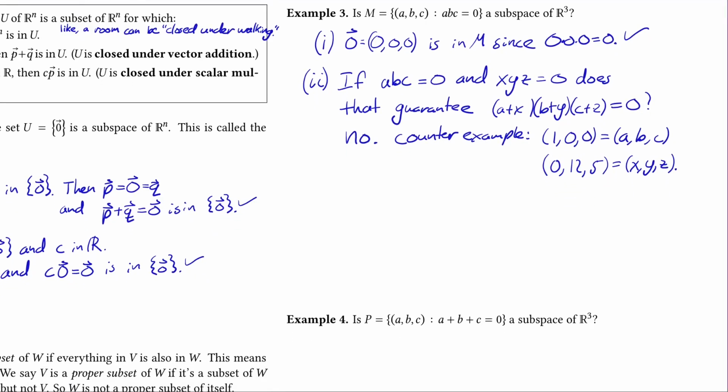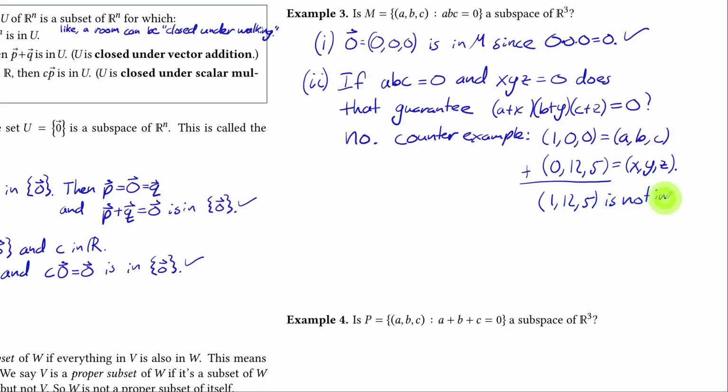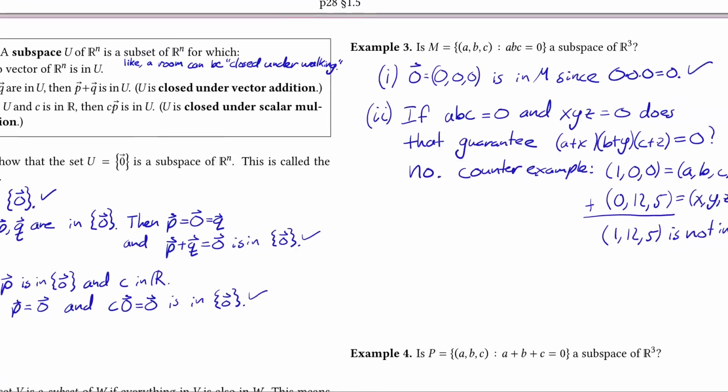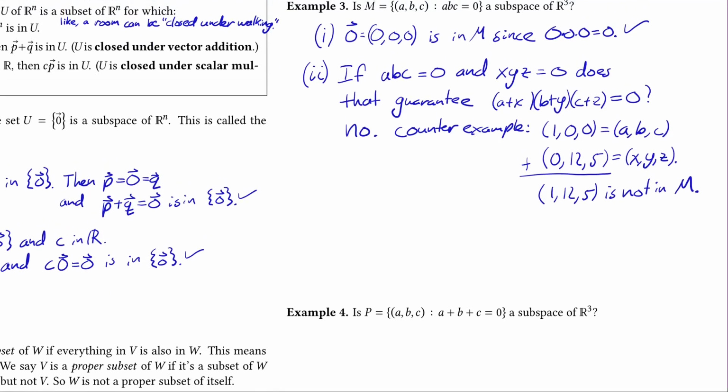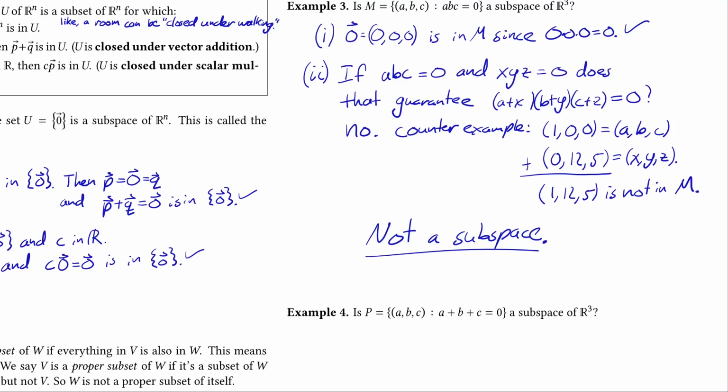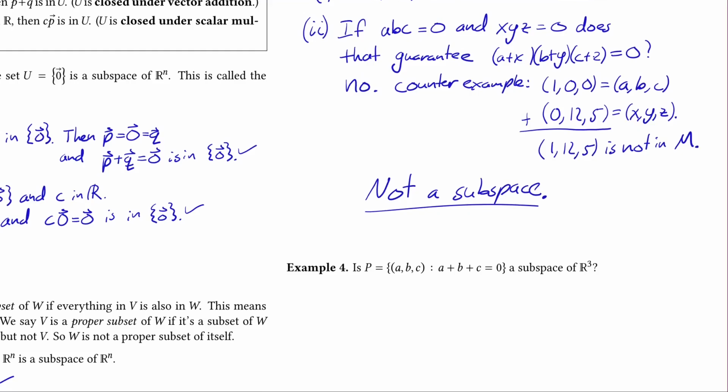But if you add these together, you get the vector 1, 12, 5, and that is not in M. So this is not closed under addition, and that means it's not a subspace because it has to meet all three criteria. And if you can find a single counterexample, that means it's not a subspace. Cool beans. Let's look at example 4.